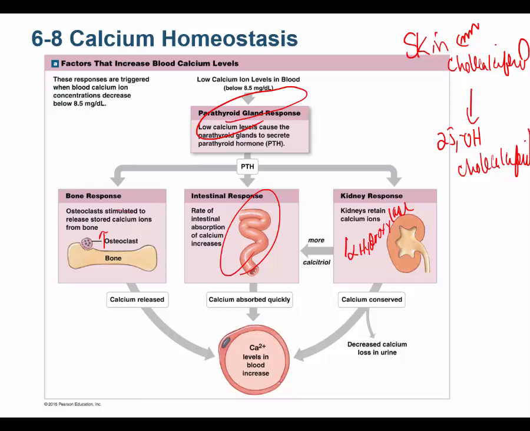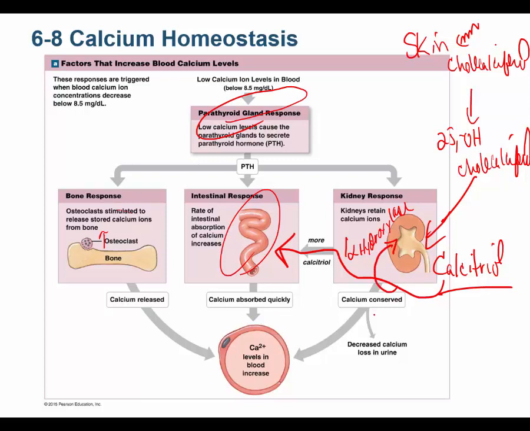And then that goes to the kidneys, and it becomes calcitriol. And what calcitriol is, 1-alpha 25-dihydroxycholecalciferol, or calcitriol. That's the active form of vitamin D. Now what that does is that calcitriol goes to the intestines and says reabsorb more calcium. It also turns right back around on itself to the kidneys, in other words, and says don't urinate out calcium.